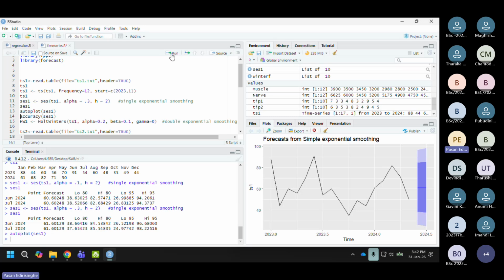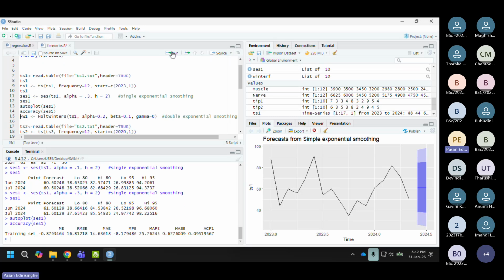And I can check the accuracy as well. So let's run the accuracy, and you can see that accuracy is indicating the mean square error, root mean square error, and so on, right? All these measurements. Basically, you can see some measurements we already discussed, right? The root mean square is one of them, right?